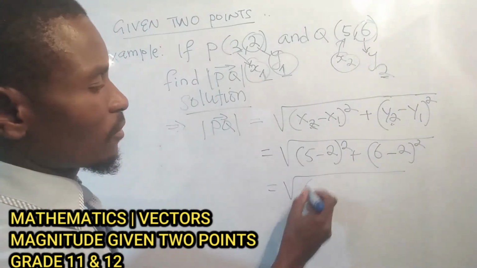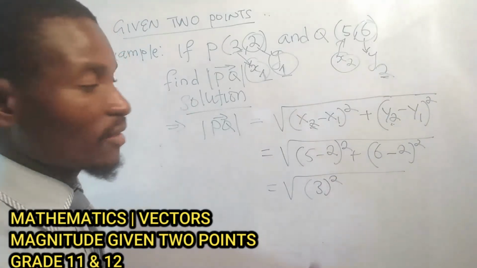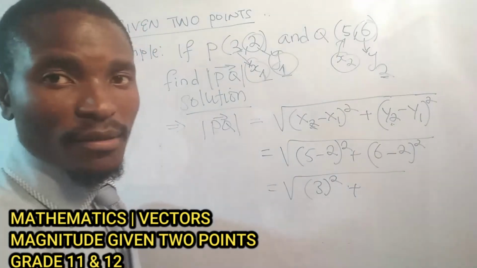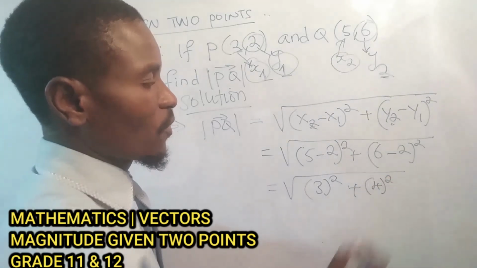Okay, so 5 minus 2 is 3, and then you square it. Then 6 minus 2 is 4, squared.